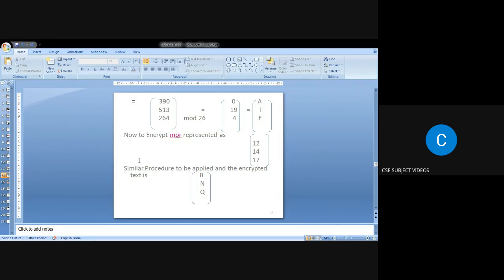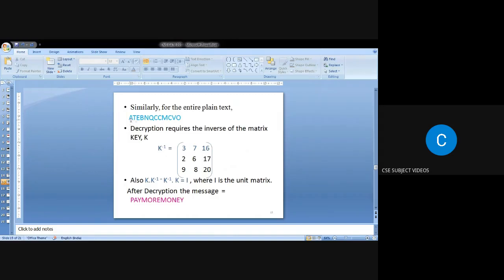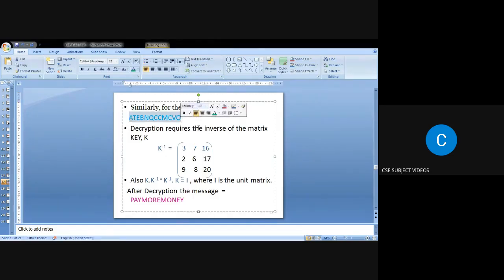The same procedure and formula is applied, and finally you get B and Q. Similarly, you take the rest: we have made it till A M O R E, now E N O M O N E Y, and so on. Repeating the same process of encryption, you get the encrypted text as ATE, BNQ, CC, MC, VQ, VO. Is it clear?